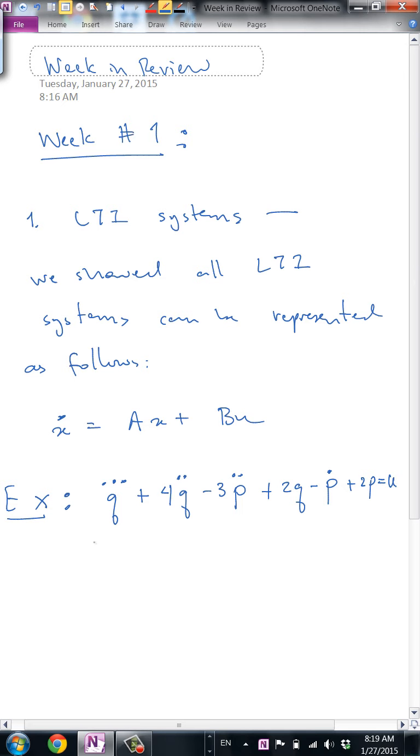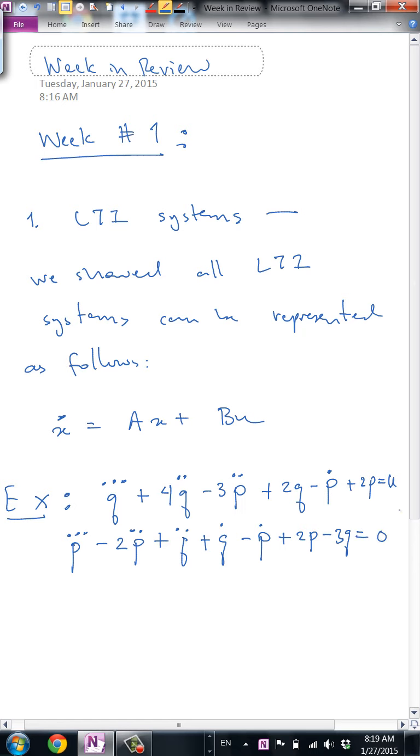And also we have a system of equations for p triple dot minus 2p double dot plus q double dot plus q dot minus p dot plus 2p minus 3q is equal to 0.